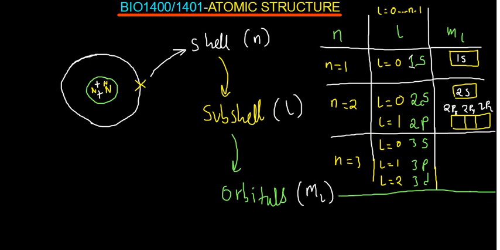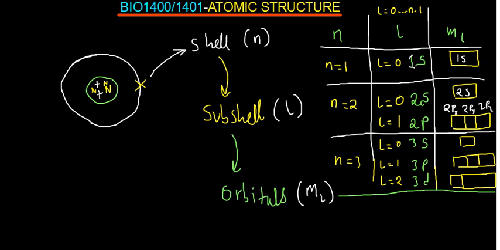Okay. If you go to the third energy level, you also have s here. Remember, s is only one orbital, so we are going to put one orbital there. Remember, a p orbital has got three suborbitals, so we are going to put it like that. And then the d has got five suborbitals. We are going to put it like that.